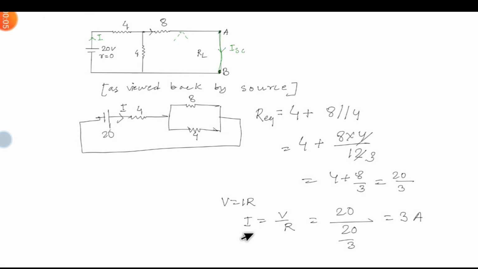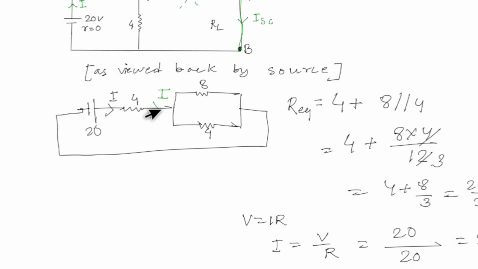So now we have found the current I. Now we have to calculate the short circuit current, ISC. Look, the current I is split into 2 parts. Here is one part and here is the other part. Now we have to calculate this current ISC.